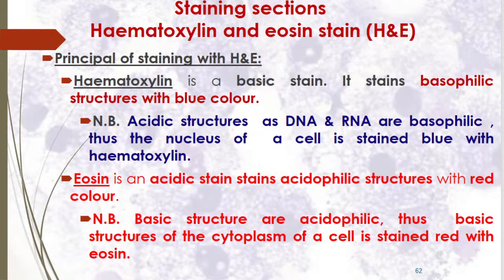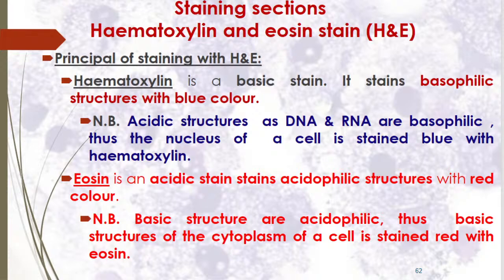What about acidic structures? Acidic structures, ordinarily DNA, deoxyribonucleic acid and ribonucleic acid, you know from the biology course, and in biochemistry you will study more. These nucleic acids are identified with basophilic stain, which has joint affinity with hematoxylin.